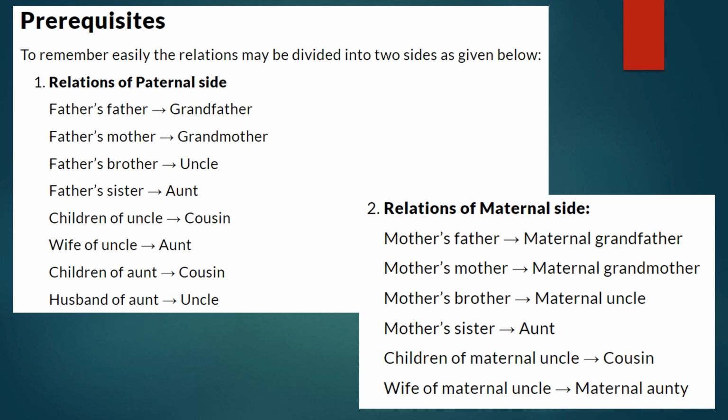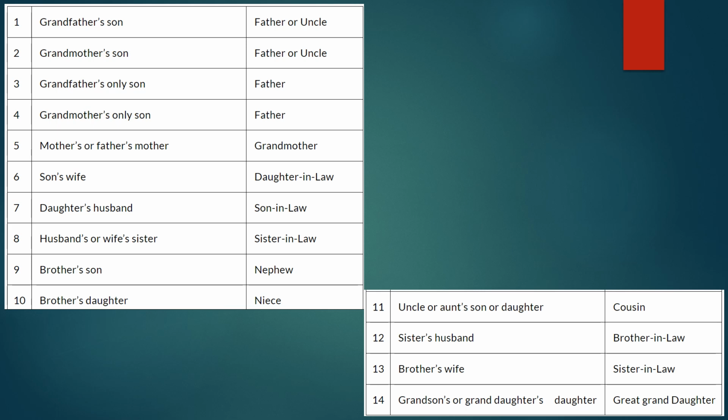So a grandfather from father's side is on the paternal side, and on the maternal side it means mother's father. Grandfather's son may be father or uncle. These two options you have to remember. And grandmother's son may again be father or uncle. Remaining ones are simple day-to-day things.